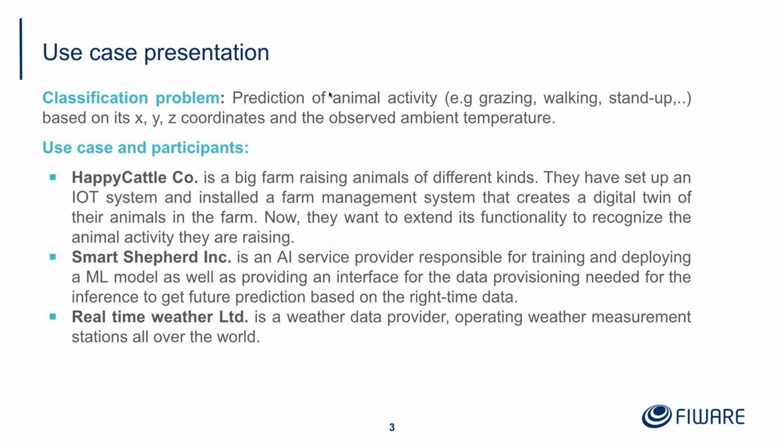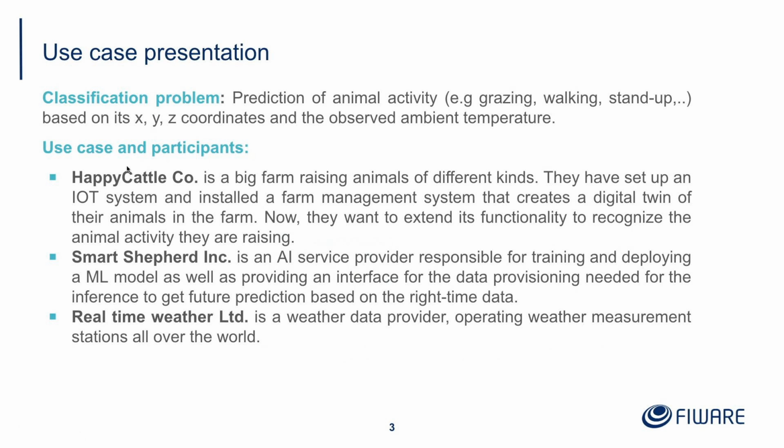As I said, the animal activity prediction will not only rely on the coordinates of the animal, but also on the ambient temperature. For that, there will be a third party, Real-Time Weather, a weather data provider operating weather measurement stations all over the world.